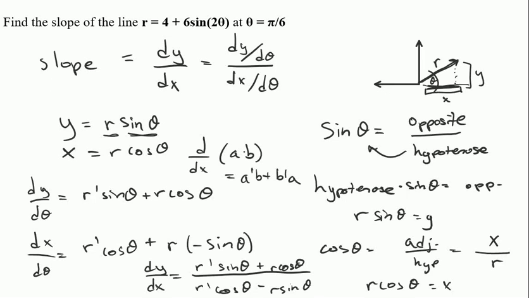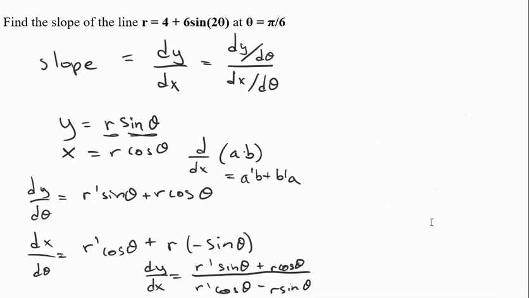Now, let's get rid of some of this stuff over here. All right, so back to it. Now, if we're going to try and find dy dx at pi over 6, we're going to need to plug theta equals pi over 6 into this equation down here, right? In order to do that, first we need to find r.